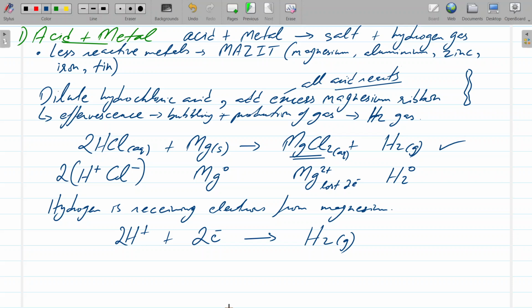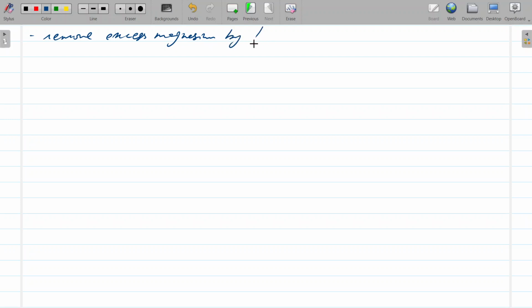Okay. Now, just to wrap up, how do we process this and get the salt that we want? First of all, you remove the excess magnesium by filtration. That is an experimental technique.